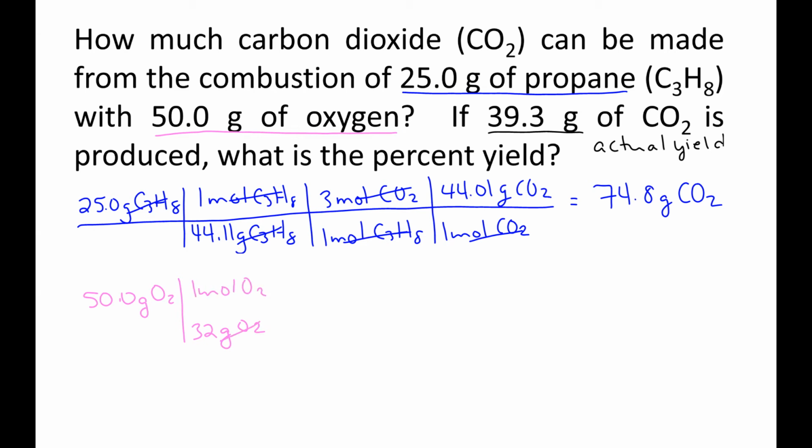Grams cancel out. Then we have 5 moles of O2 and 3 moles of CO2, and that's from the equation. Then we have 1 mole of CO2 and 44.01 grams of CO2.